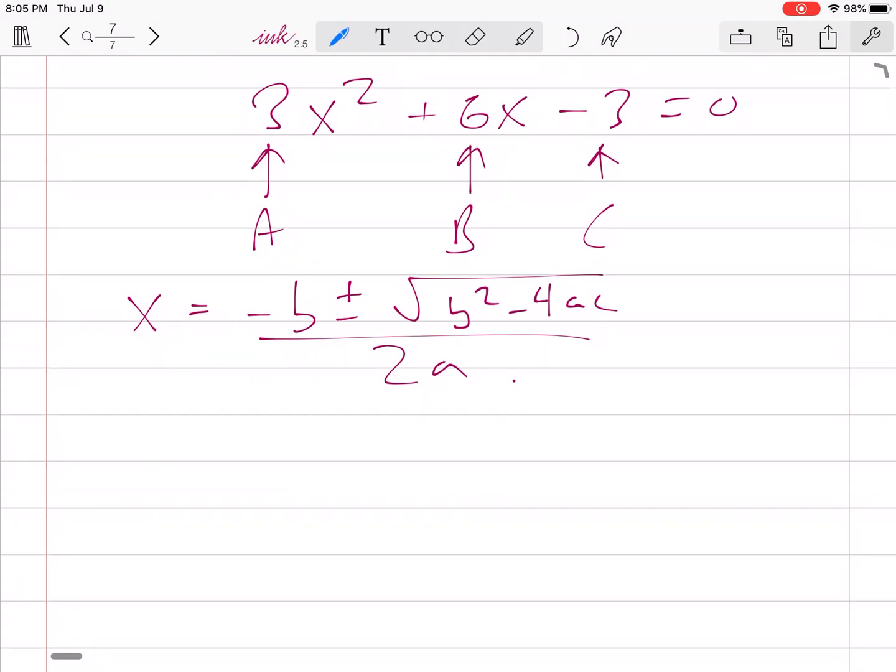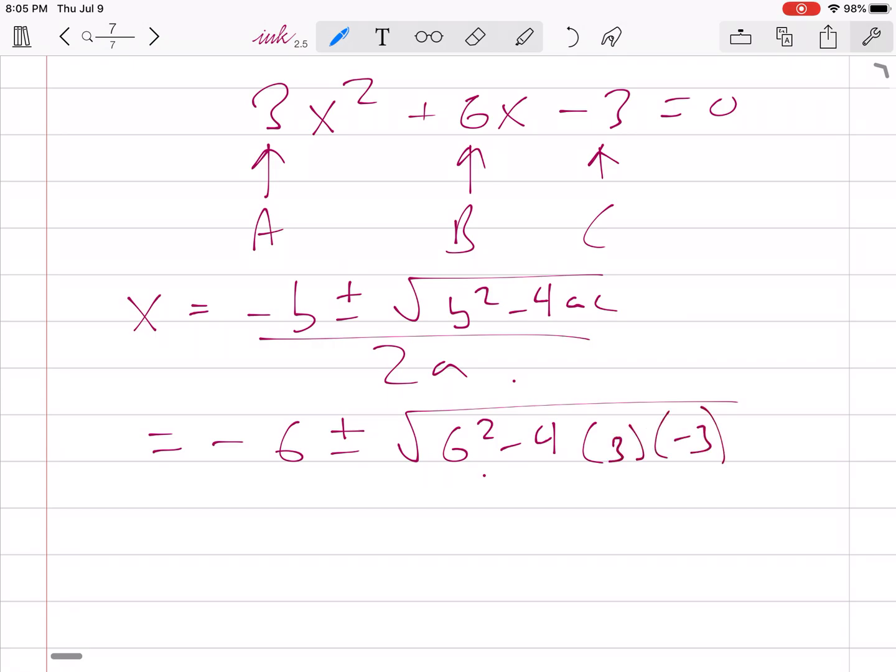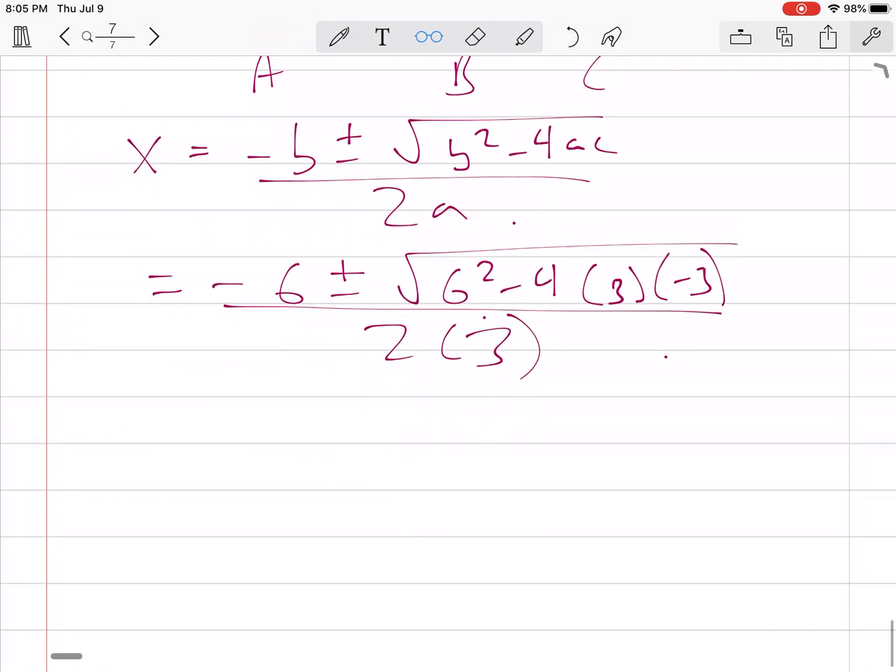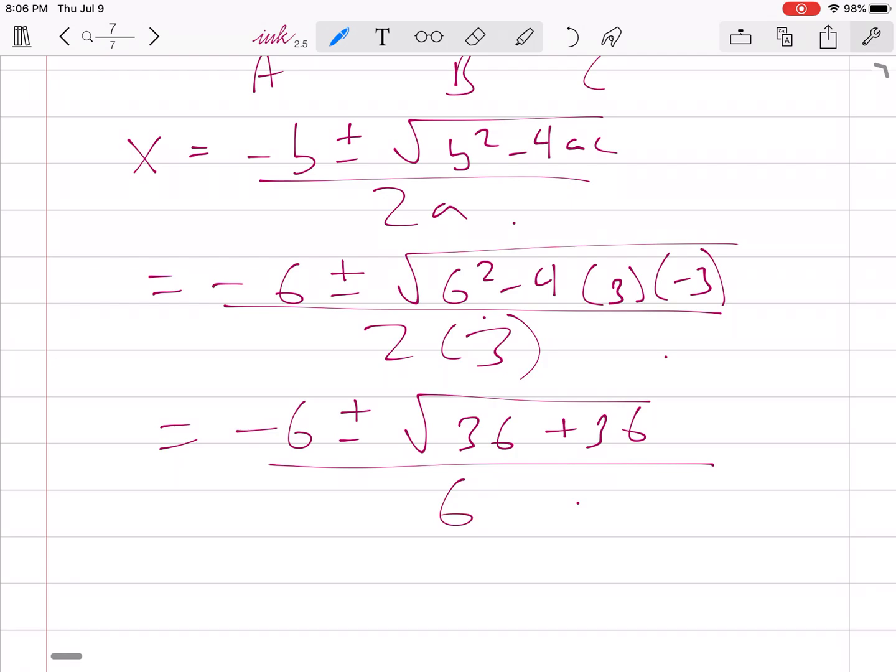So now just put that in. So you've got negative 6 plus or minus the square root of b squared, which is 6 squared, minus 4 times 3 and negative 3, that's ac. And then that's all over 2 times 3. So that gives you negative 6 plus or minus the square root of 36 plus 36, because there's a negative and a negative, and that's all over 6.